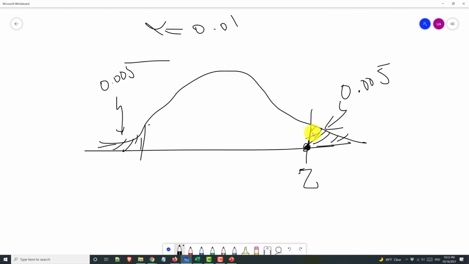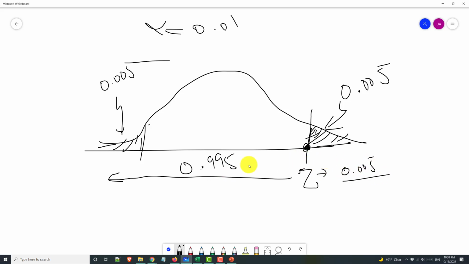The z-value here is going to be a marker such that the area to the right is 0.005 and the area to the left is 0.995. How do I get 0.995? Because the area to the left of z and the area to the right of z should equal 1. So if this is 0.005, this has to be 0.995. I know the middle probability is 0.99, so 0.99 plus the left tail is the area to the left of z.